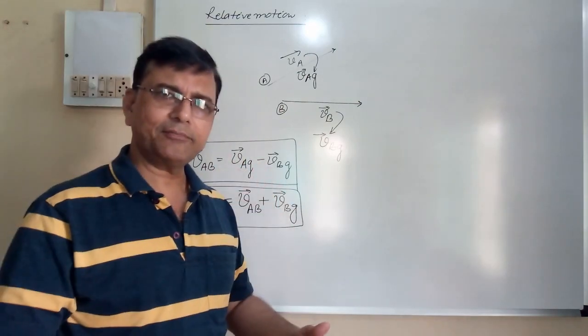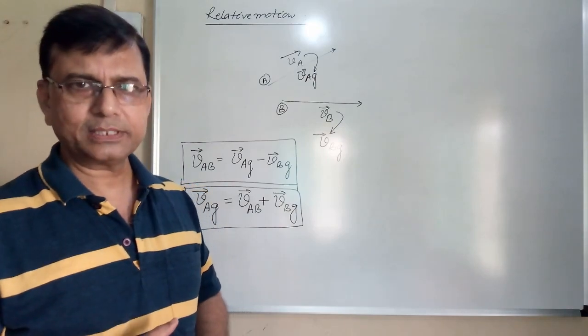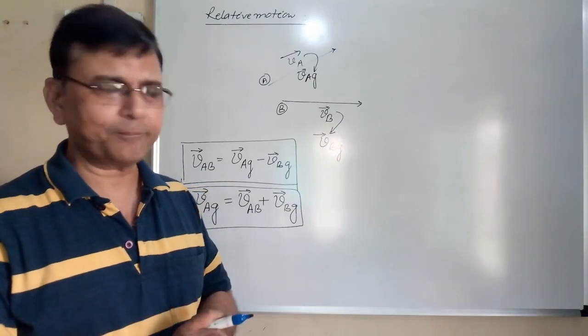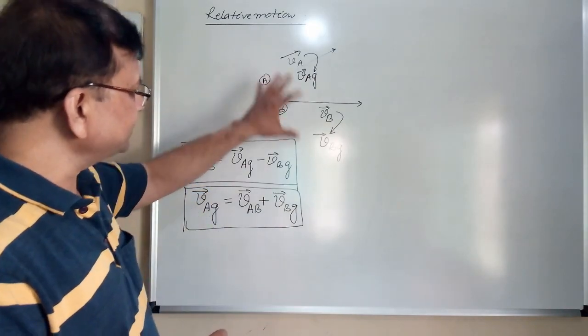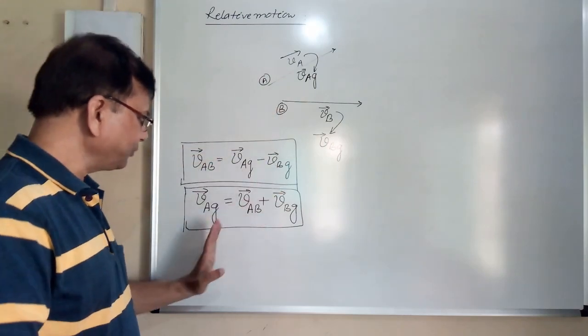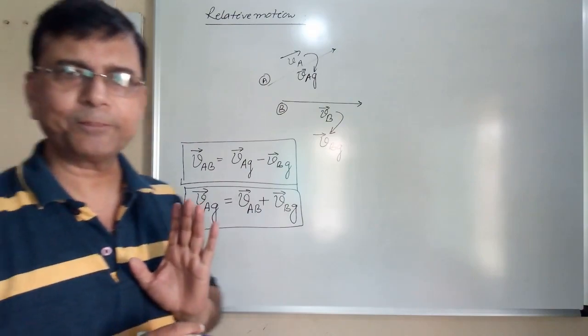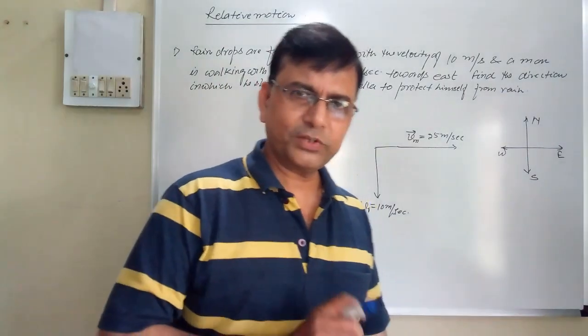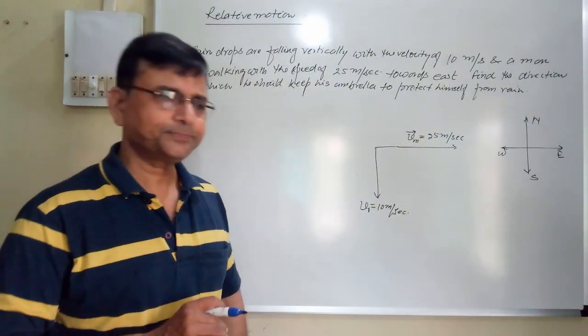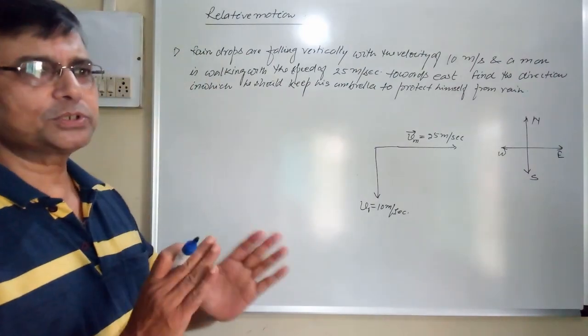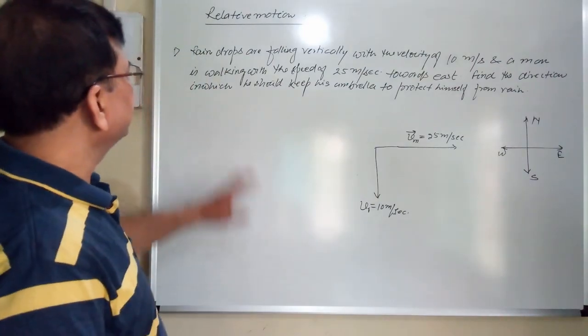Since we are considering all these velocities with respect to ground, the standard reference frame, they can be written by putting the suffix g also, and this relation can be denoted this way. Now I will take a question of relative motion, to see how the relative motion concept is applied.